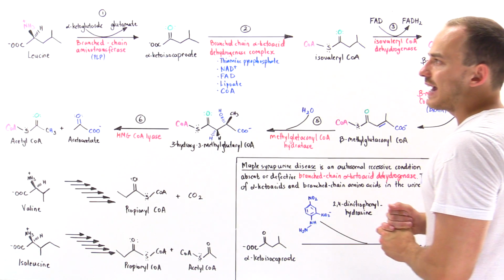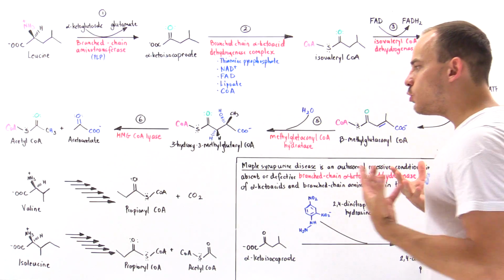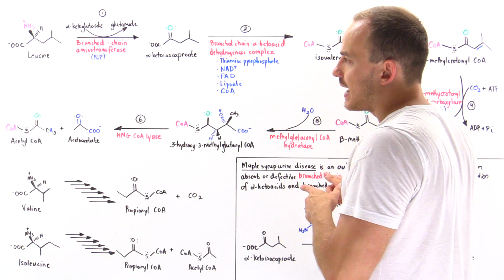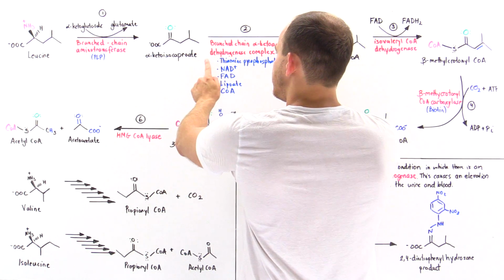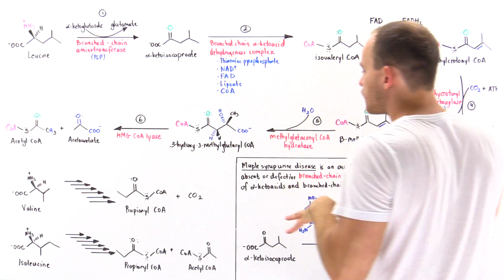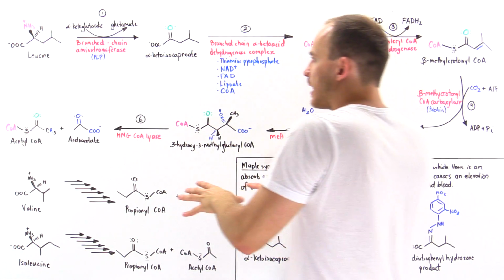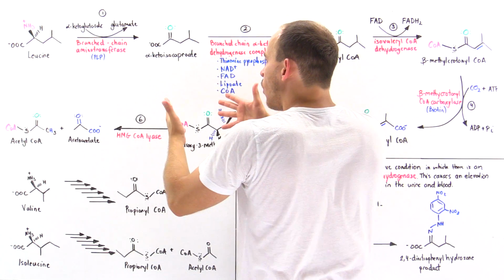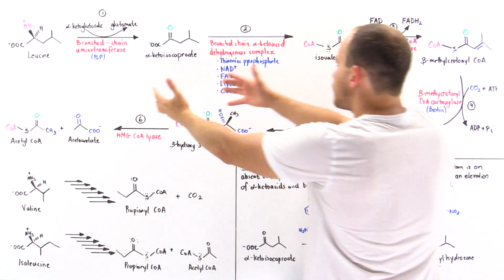Now, let's take a look at a disease that exists in humans known as maple syrup urine disease. And this disease is basically a disease of this step here. So, if a person has this disease, the branched-chain amino acid can basically undergo step 1, but it cannot undergo step 2.